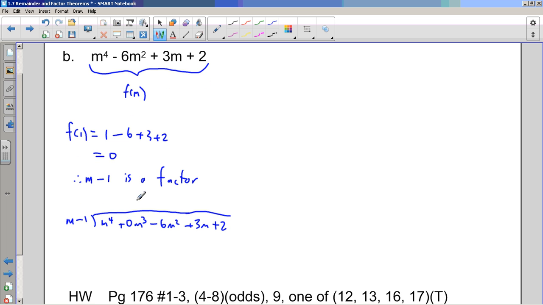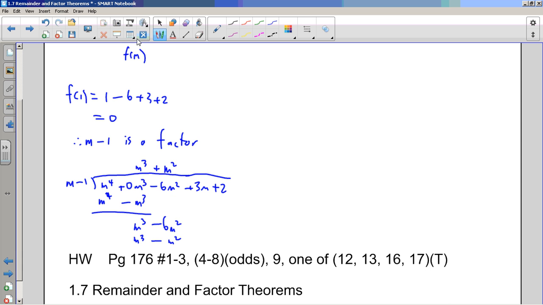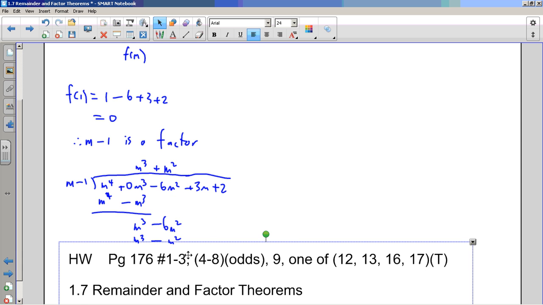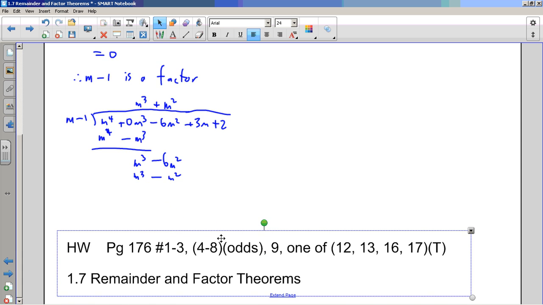And long division, m cubed minus m cubed, subtract, and I get m cubed. I'm going to have to move my homework out of the way here. Running out of room. Long division, minus m squared.